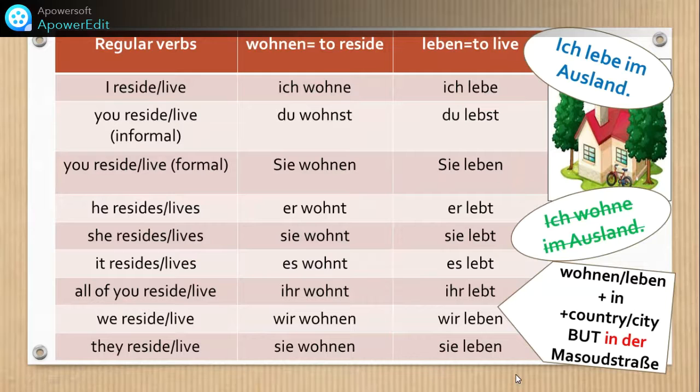So I can say, ich wohne in Kuwait or ich wohne in Salmia. But in order to say that I live abroad, I will not use the verb wohnen. So I will not say ich wohne im Ausland, where Ausland refers to any country abroad.